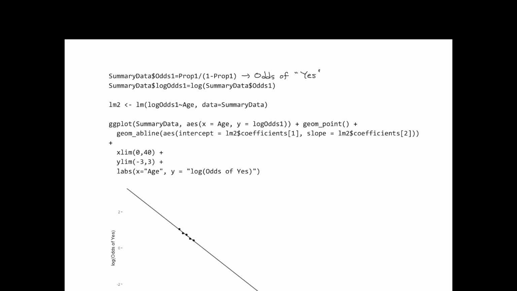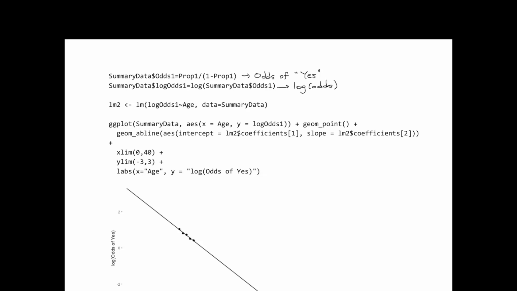So you can see that it's taking prop 1 over 1 minus prop 1, that is pi over 1 minus pi, and calculating odds of 7 or more hours of sleep on average. And then I added the log odds. Now this is based on our data set, right? It's based on a sample of data. So now we have the log odds as well.